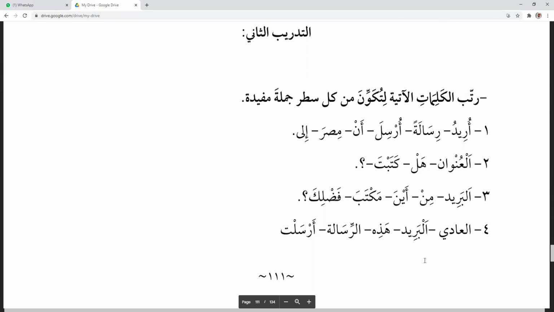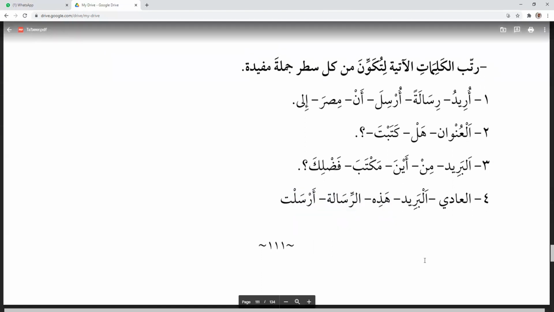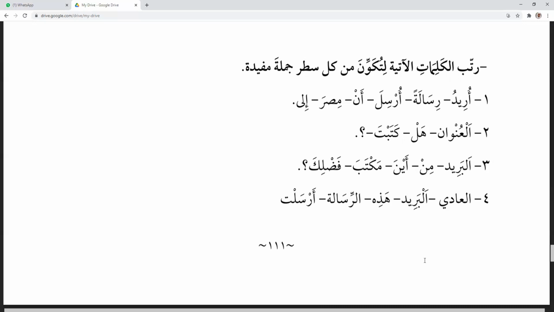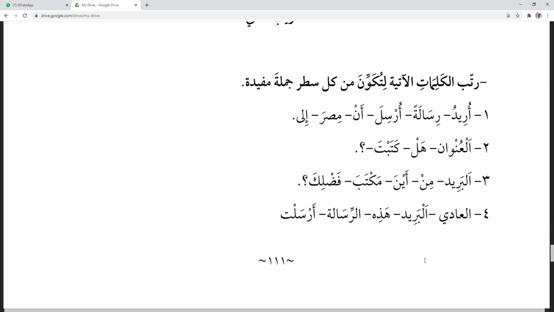التدريب الثاني, rearrange the words to make complete, appropriate sentences. أريد أن أرسل رسالة إلى مصر. مصر is Egypt. هل كتبت العنوان؟ This is a noon, not a ba. ما معنى عنوان?